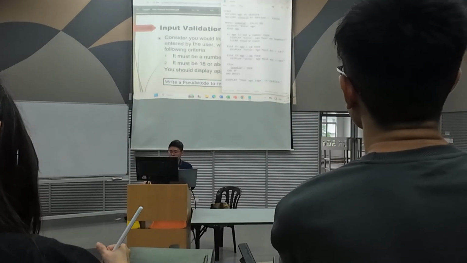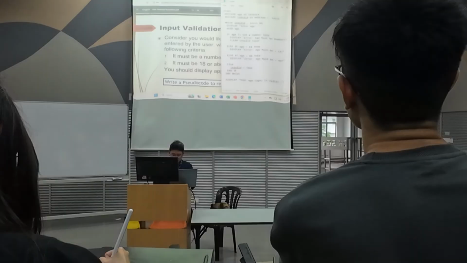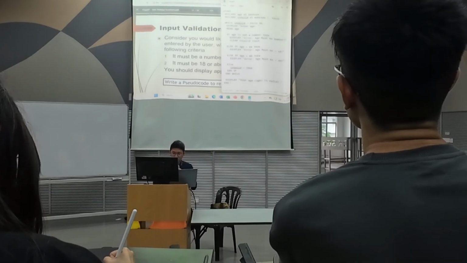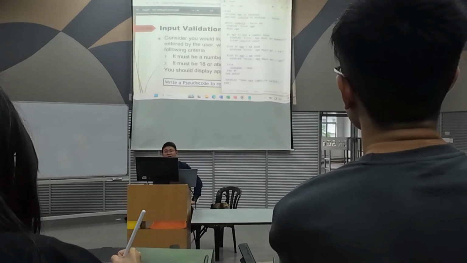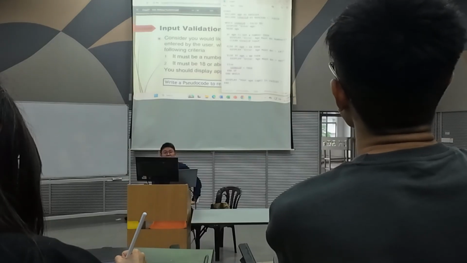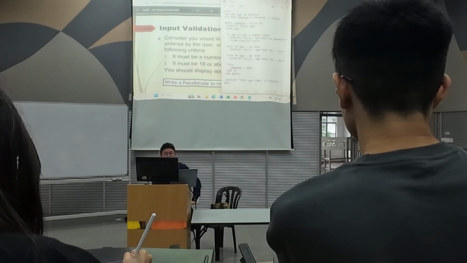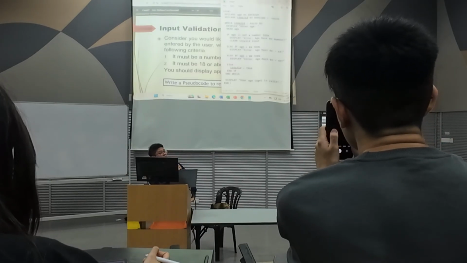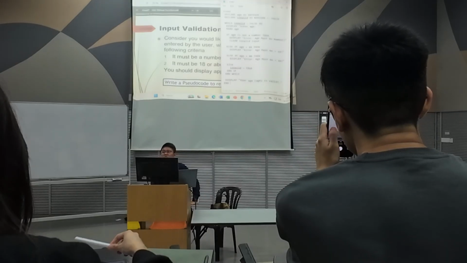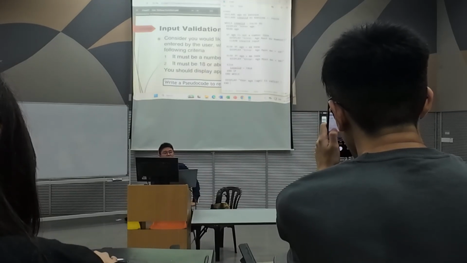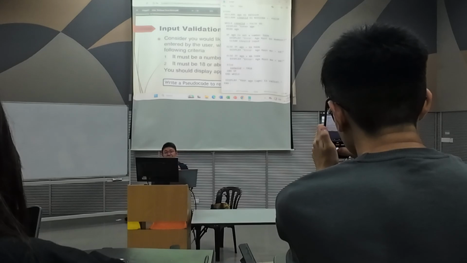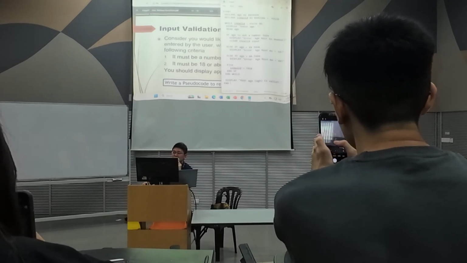Something like this. And then remember you have an end and terminal at the end there. So by looking at this pseudocode, is it very hard to understand the whole program? No, right?